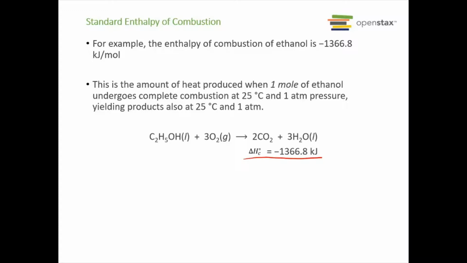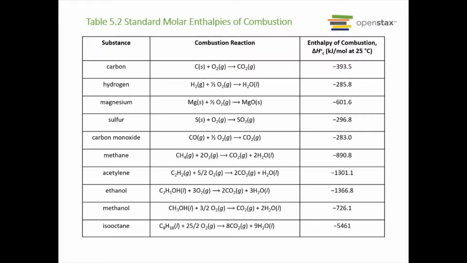And there's the reaction for it. So here's some standard molar enthalpies of combustion. This is a good page to mark also. From methane on down, these are called hydrocarbons.